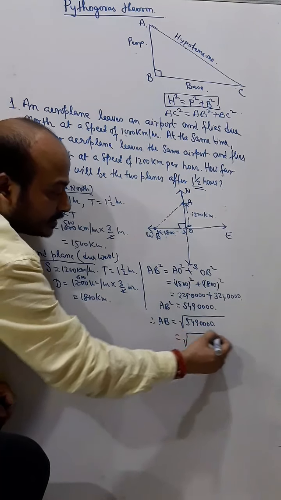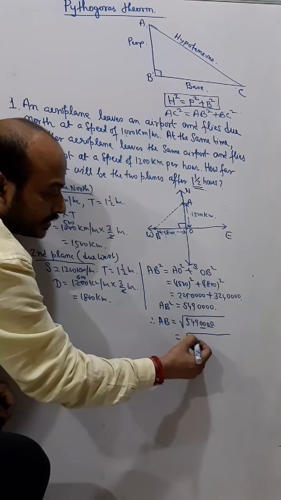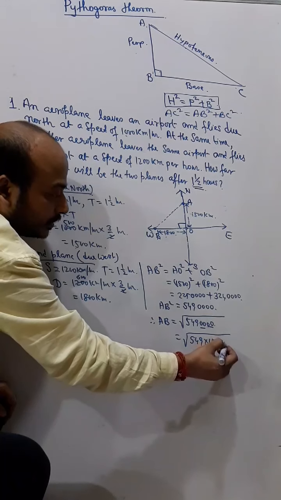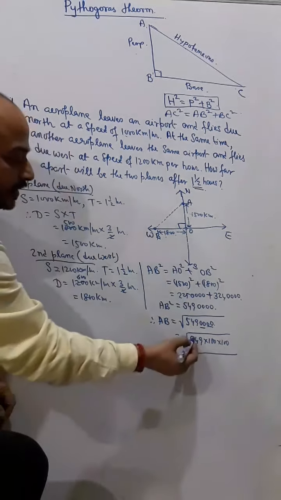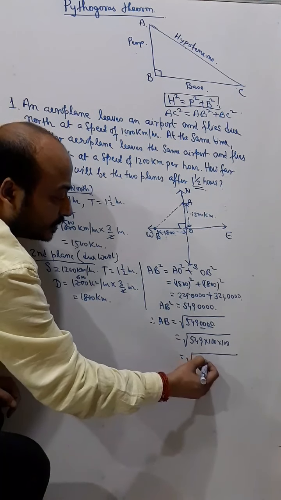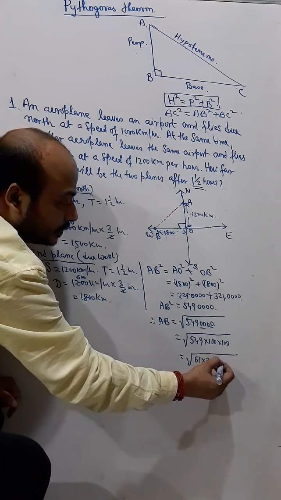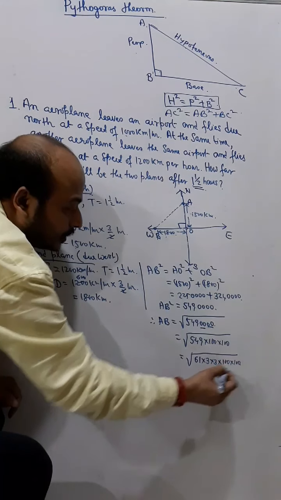Now we have to solve this. We can split it into 100 into 100, so it is 549 into 100 into 100. Now 549 we can say is 61 into 9, so 61 into 3 into 3, and then into 100 into 100.